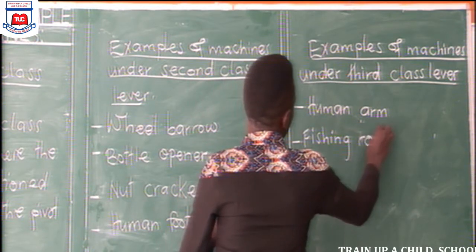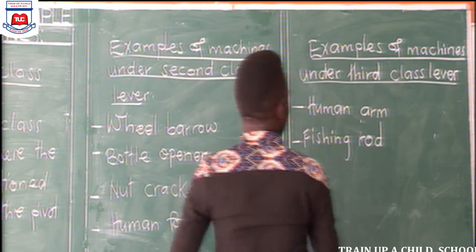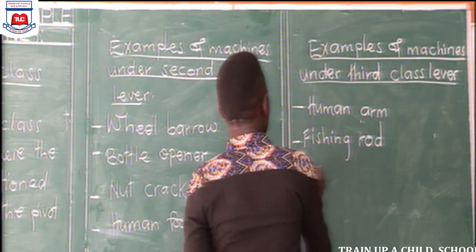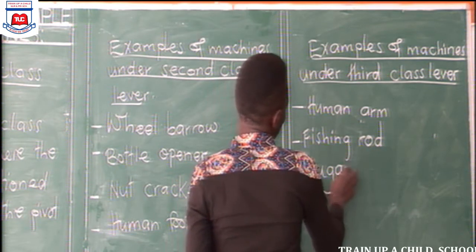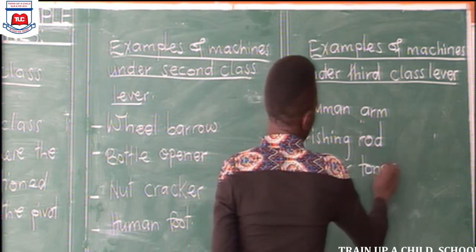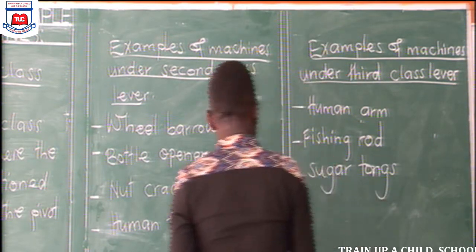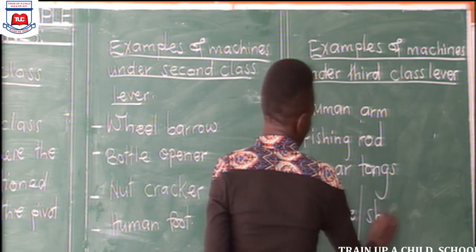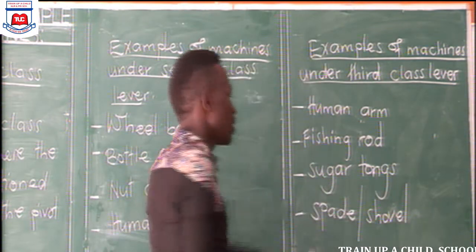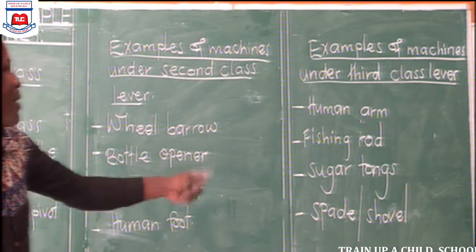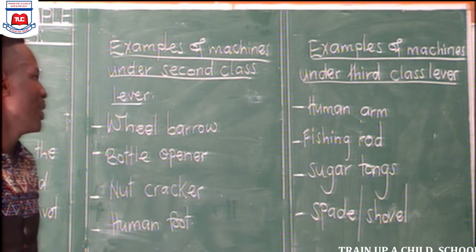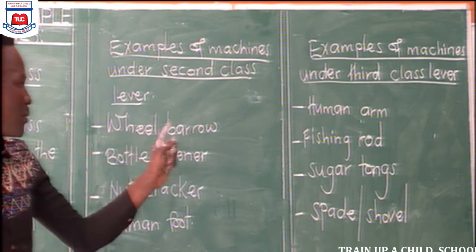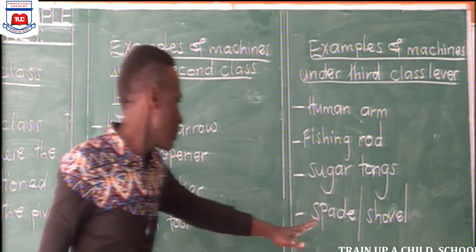I don't mean the other rod, but I mean a bar of metal. Then I shall also have sugar tongs. Not forgetting a spade. If not, we can also have something known as a shovel. So basically, those are the examples of machines under the third class levers. We have the human arm, fishing rod, sugar tongs, and then spade or shovel.